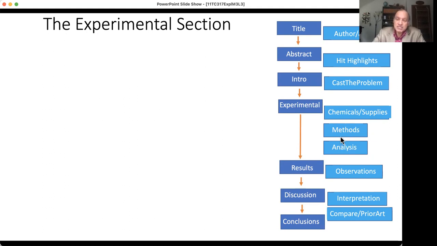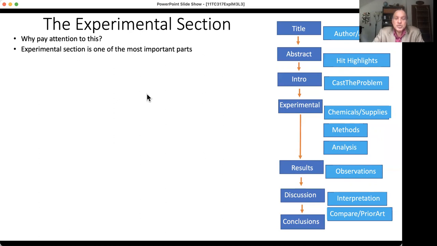So essentially the same thing fits in almost every kind of research paper you write, at least in science. And so I pay attention to this topic because this is the central experimental section, the most important part. Because if you can't repeat the experiment, there's no science in it. So in order to be able to repeat the experiment, it needs to be documented well. If it is not documented, then nobody can repeat it.